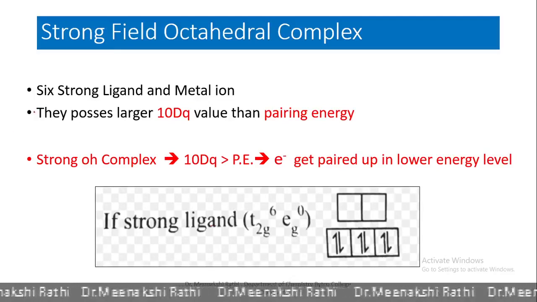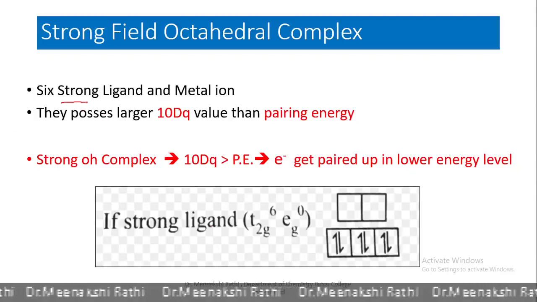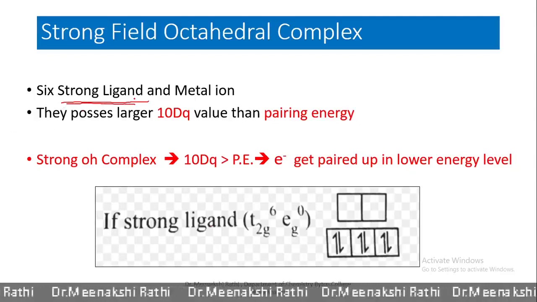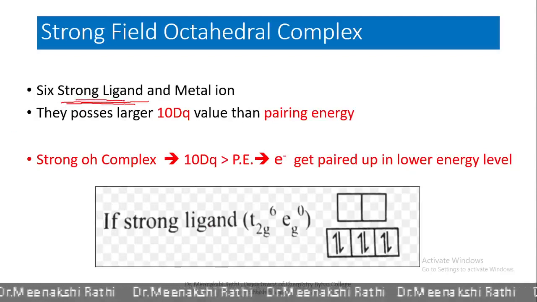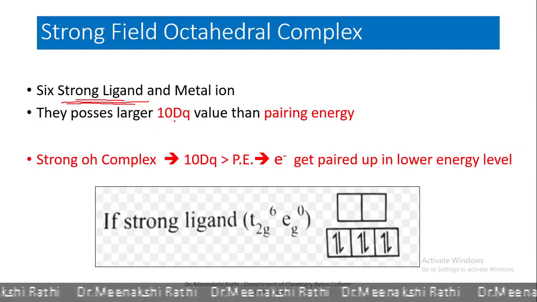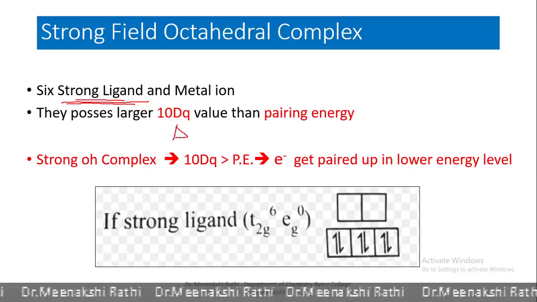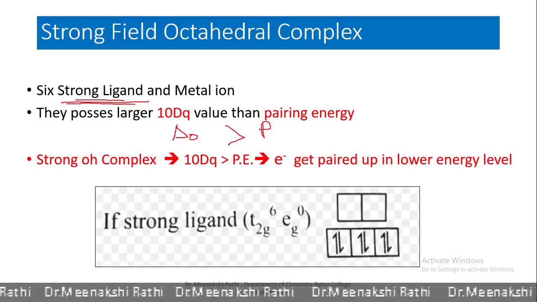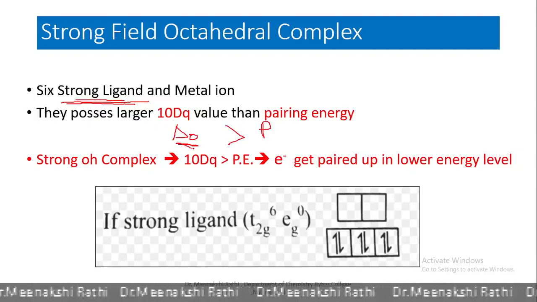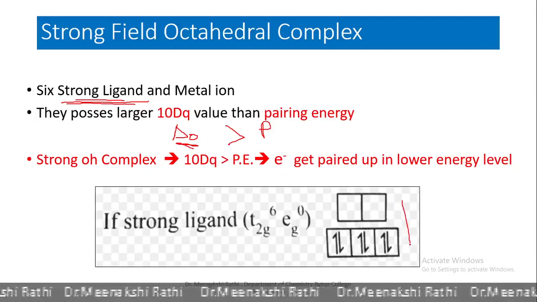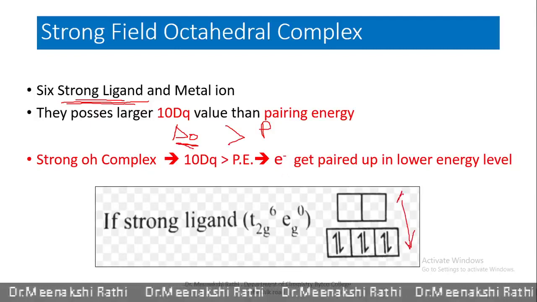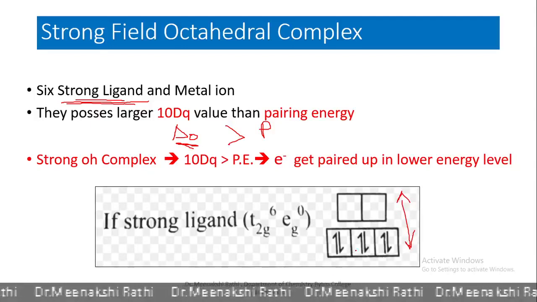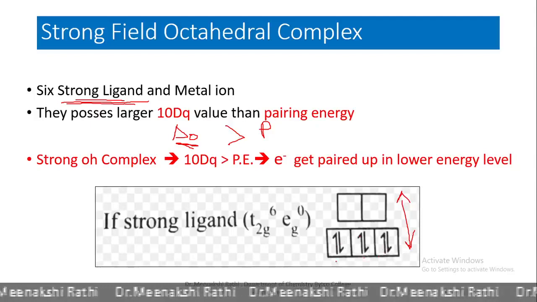See here, strong field ligand. There are 6 strong ligands and the metal ion. As ligands are strong, what will happen? Delta O value is always greater than pairing energy. As delta O is more, that means splitting is more, and if splitting is more, the 6 electrons always prefer to get paired up.